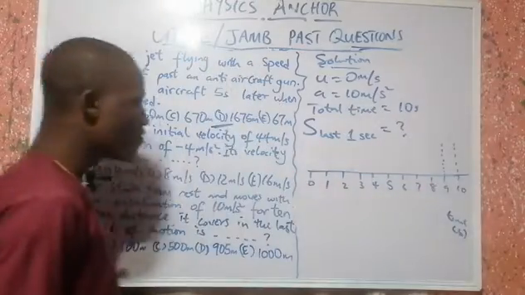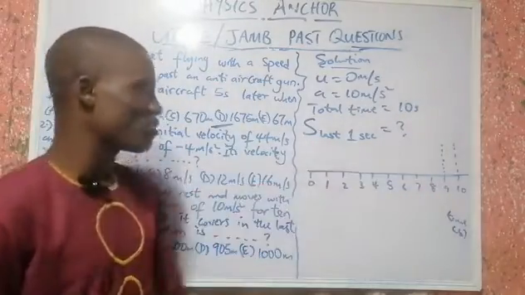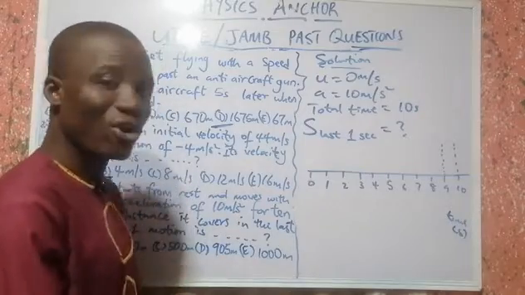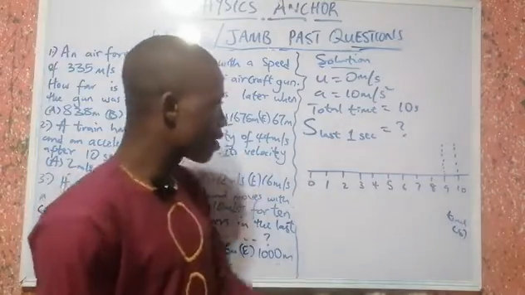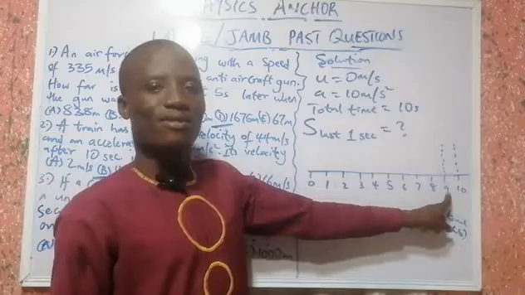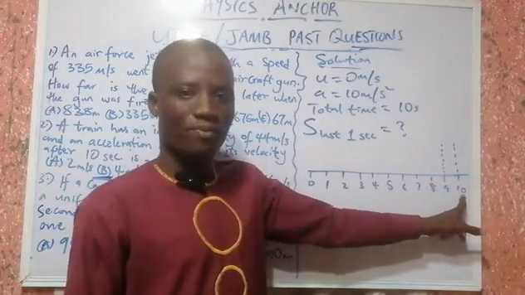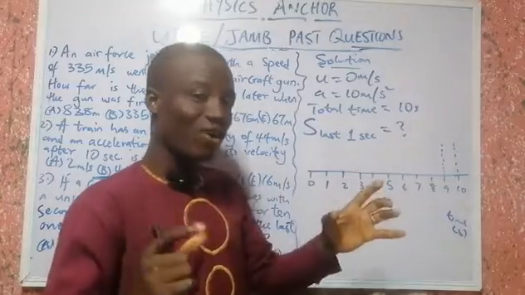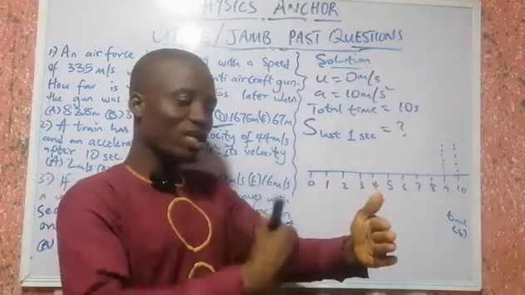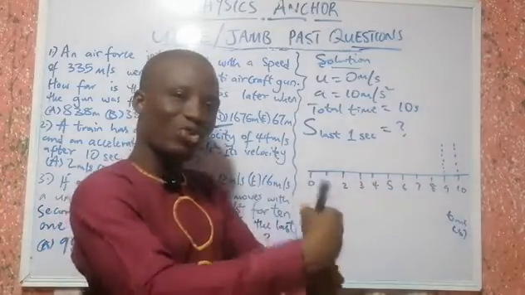The distance covered in the last 1 second, and that last 1 second will take place between the 9th second and the 10th second. That will be the last 1 second. It will be the journey from the 9th second to what? To the 10th second.